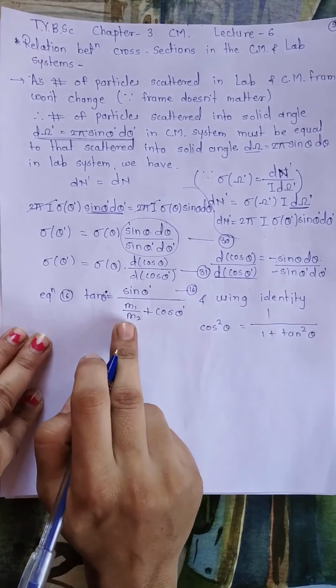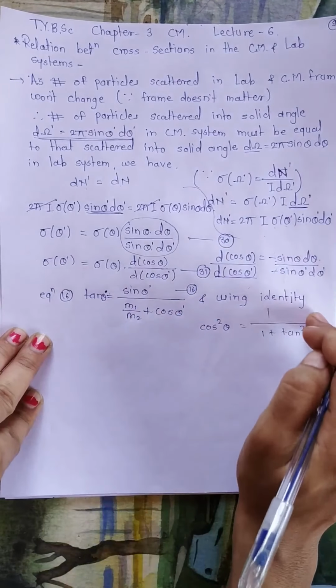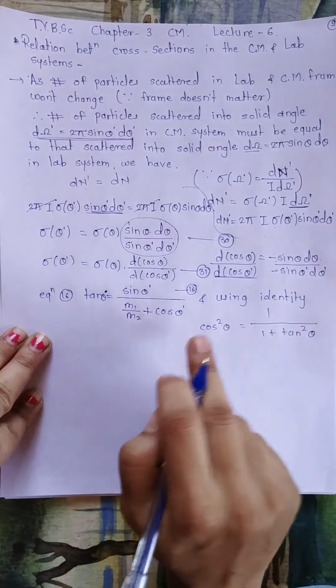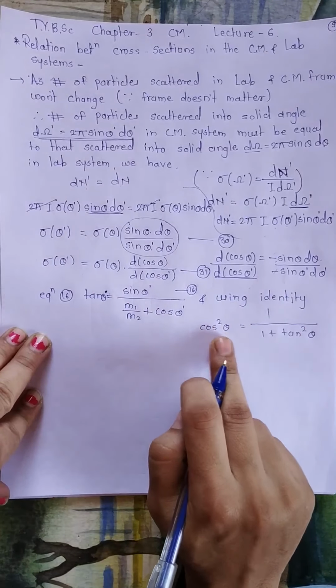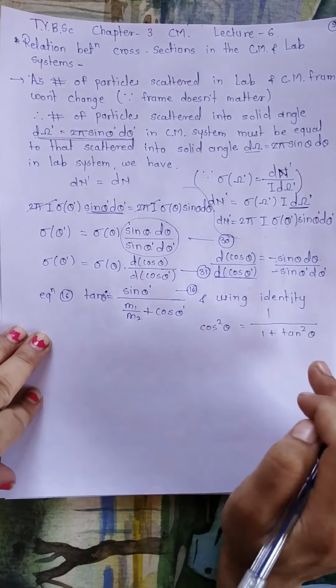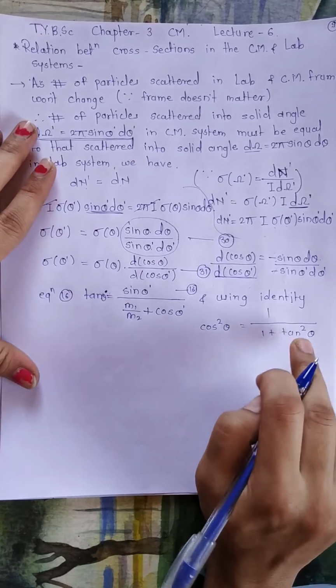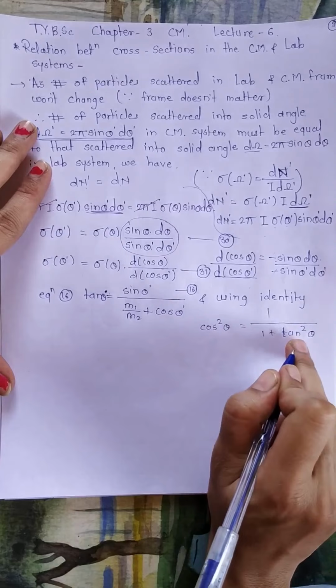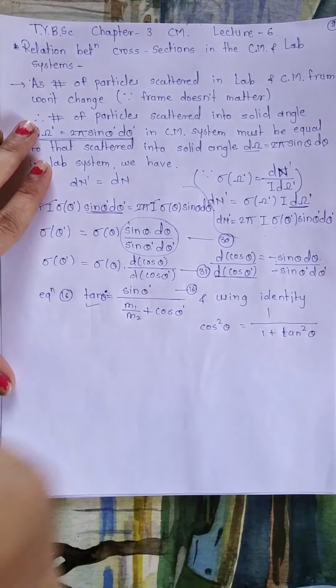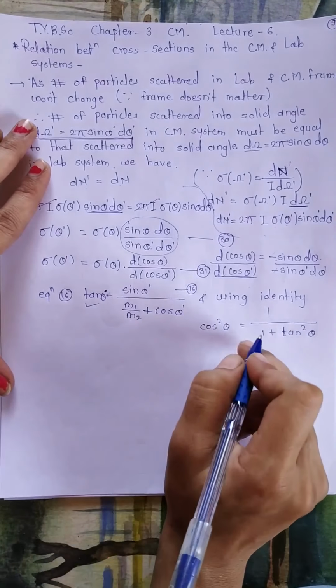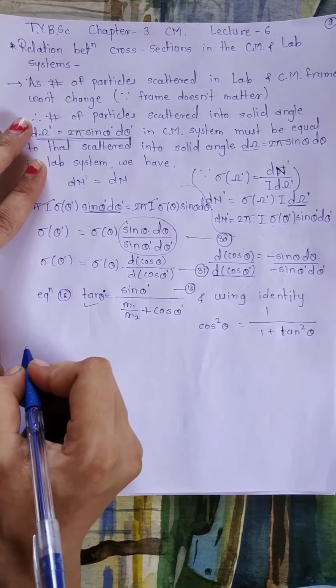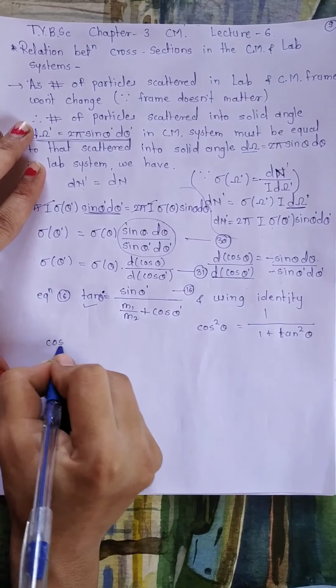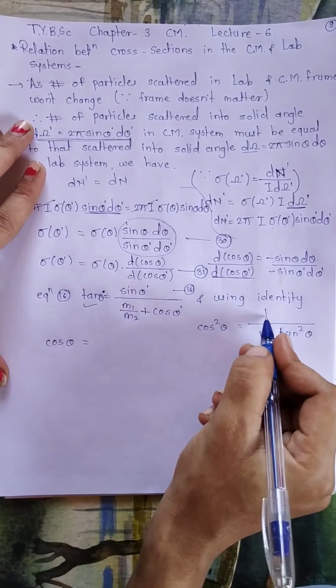I will use this equation as well as this identity, which is cos square theta equals 1 upon 1 plus tan square theta. Using this identity, in which we will put the value of tan square theta, and taking the square root, I will get cos theta equal to the root of 1, which will be 1.